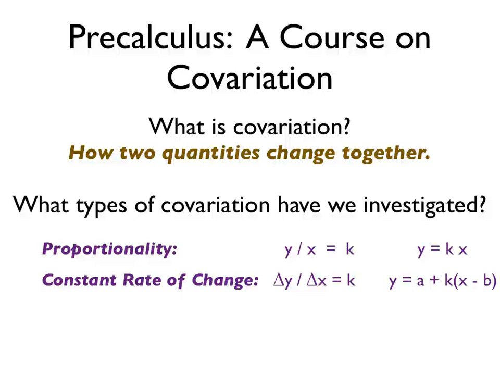What was the kingpin, the centerpiece of exponential growth? Yeah, the growth factor. How is the growth factor a constant ratio? It changes by that same growth factor per unit of time. Right. So how can we write that growth factor as a constant ratio?